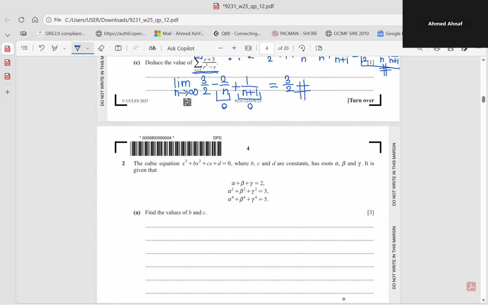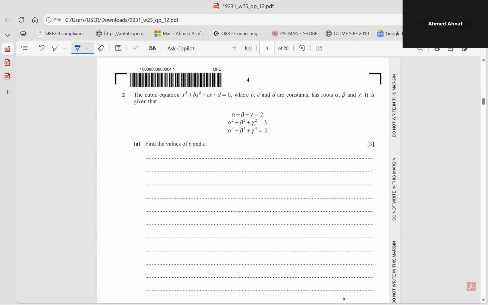Let's move on to the next question. For this second question, we are given a cubic equation as such, where B, C, and D are constants. This cubic equation has roots alpha, beta, and gamma.